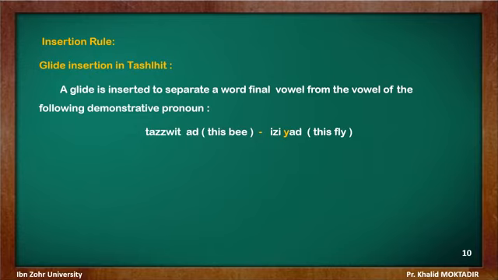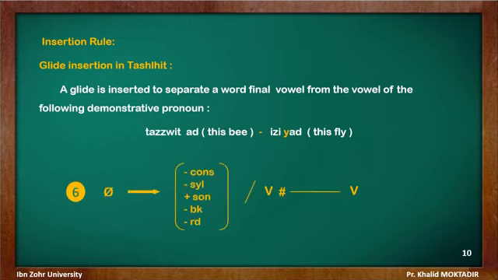In other words, when we end up having two vowels, we insert a glide to break up the vowel cluster. Look at the examples. tazwit ed, tazwitd, and isi yed, isi ed. And of course, we insert the glide y to separate the two vowels.